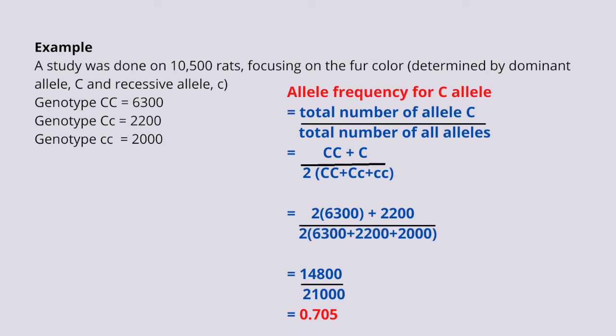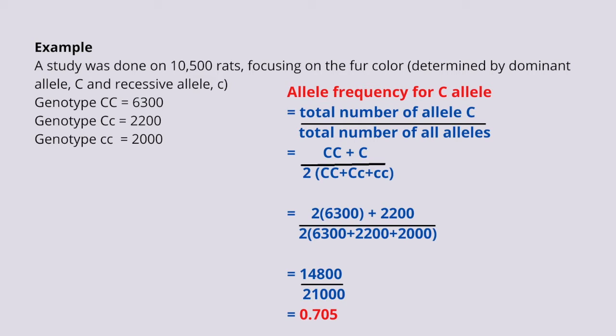The allele frequency for dominant allele C is equal to the total number of allele C divided by the total number of all alleles. From the question, the allele frequency for C equals 2 times 6,300 plus 2,200, divided by 2 times (6,300 plus 2,200 plus 2,000).